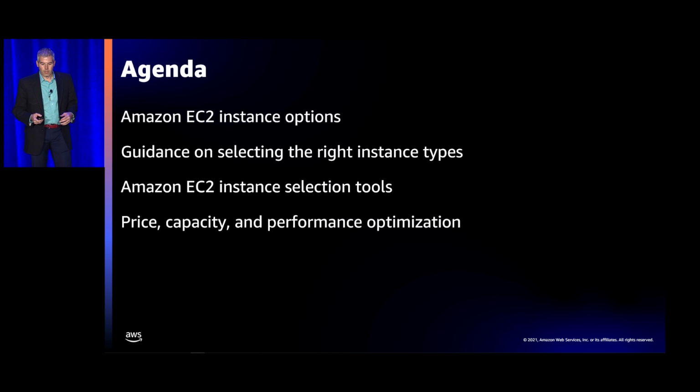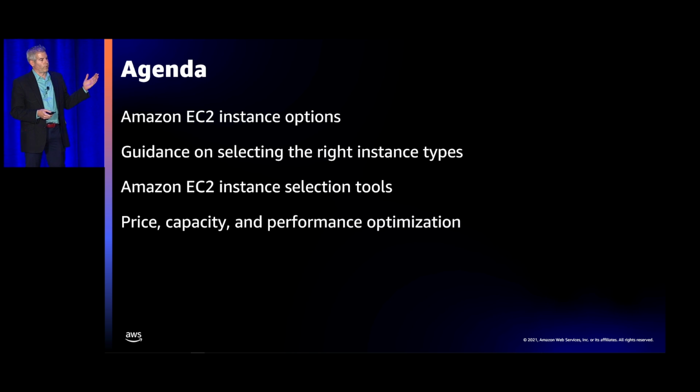Let's get started. Here's an outline of my agenda. I plan to cover an overview of the EC2 instance options, how you can understand the offerings that we have, and I'll try to give you a little bit of guidance on the instances and talk about the performance that we offer. I'll also try to help decode the differences between instances, and I'll walk a little bit through some of the most common names of our instance types, giving you an idea of how you can make a selection yourself.